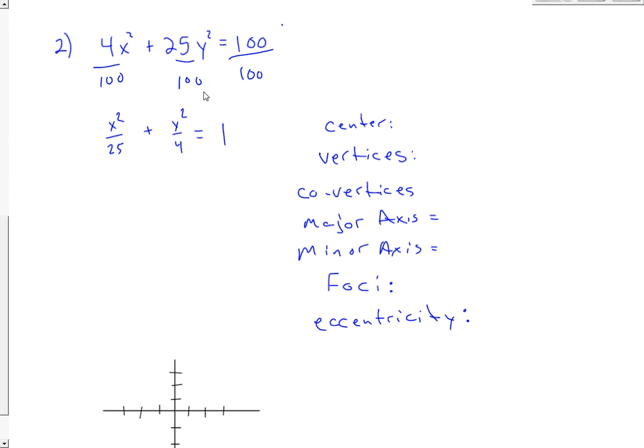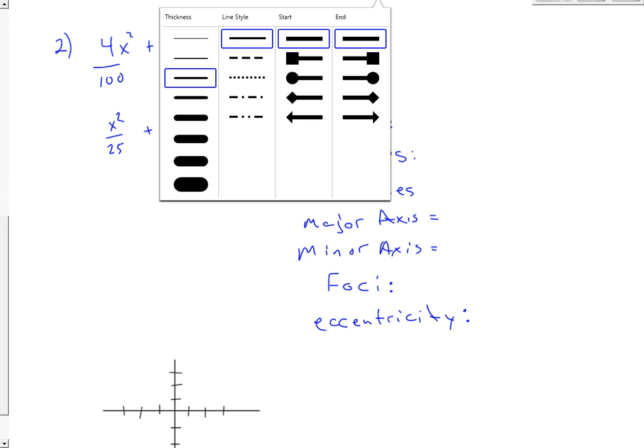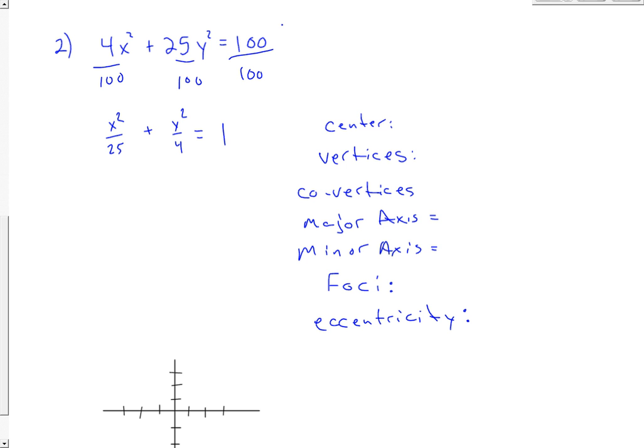So I have my a value, which is the 25. A squared equals 25, so a equals 5. B squared is 4, so b equals 2. And there's nothing added to the x or y, so my center is 0, 0.